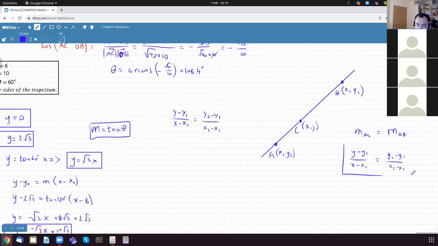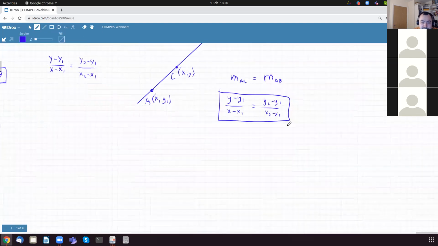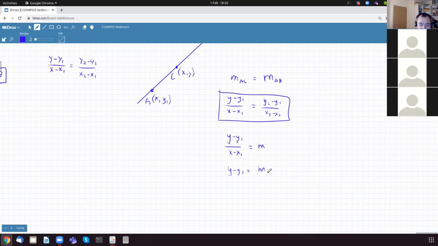This is quite a cool formula to use. If you modify this, you can see that this is the gradient of the line. So y minus y1 divided by x minus x1 equals the gradient, so y minus y1 is equal to the gradient times x minus x1, another familiar formula. So they're all interlinked.